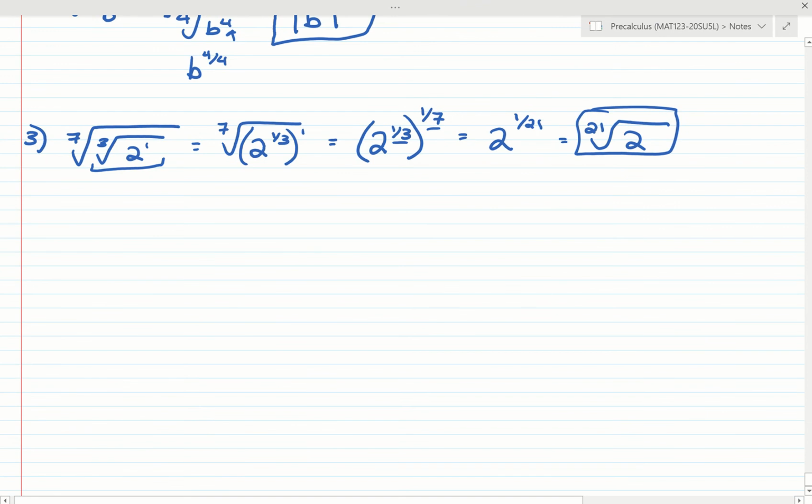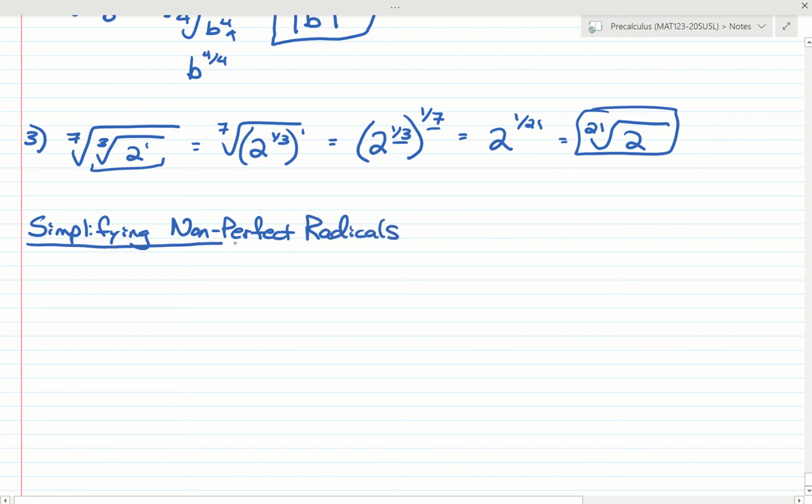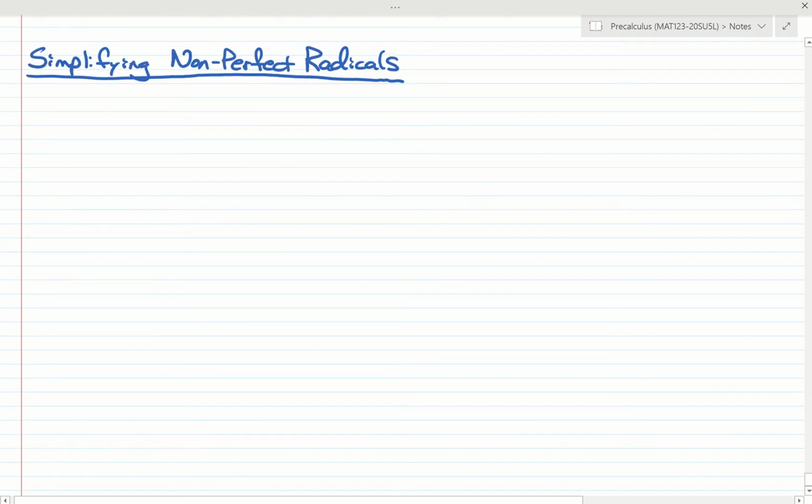Let's get a little bit more into how to simplify non-perfect radicals. And we talked a little bit about this before with our prime factorization tree.